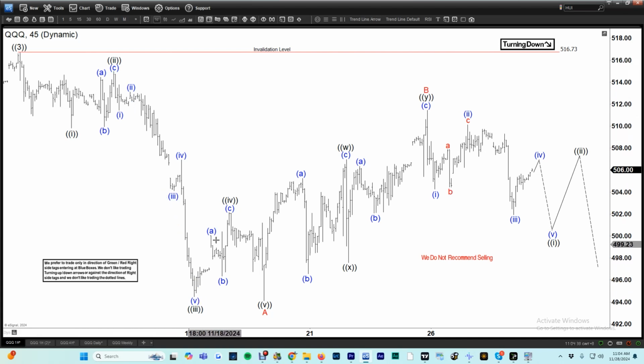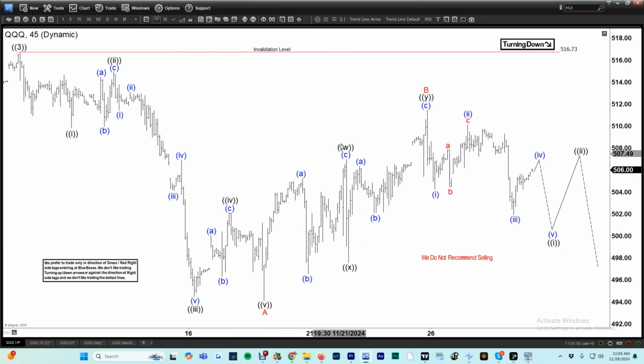Then you have a clean 5 swing down from the peak at 516, and once it completed, you got a rally here which is not looking impulsive.